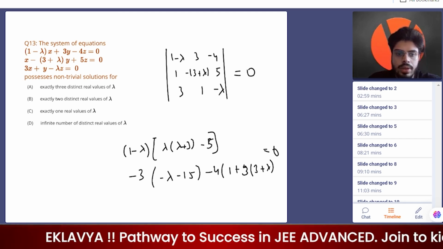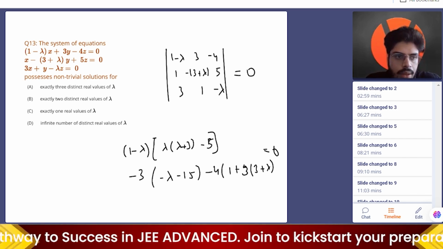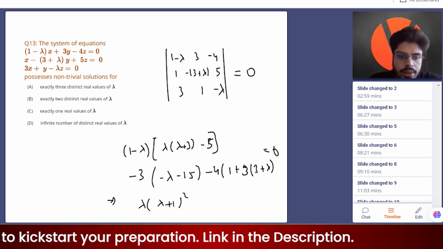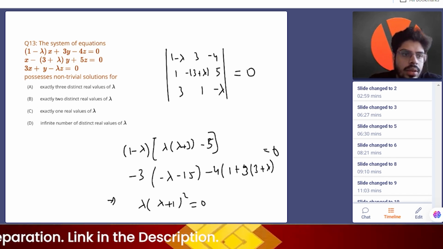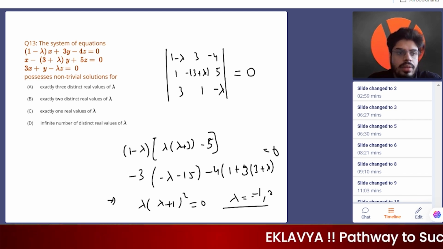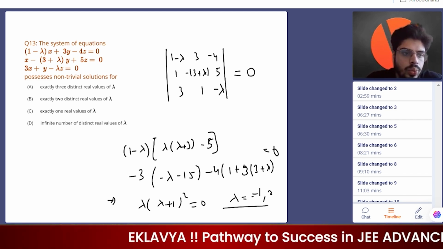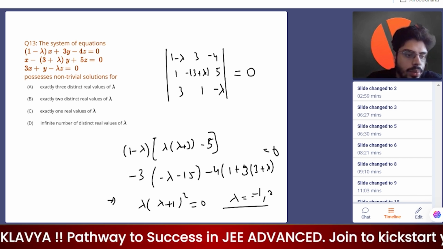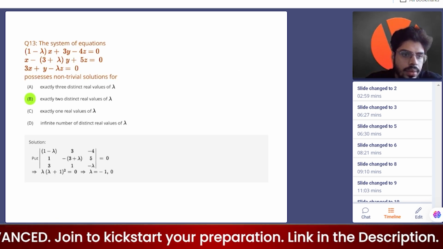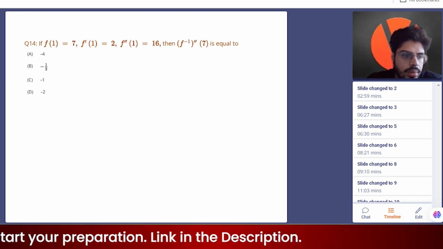This will be equal to 0. So the equation that I am getting here will be lambda into lambda plus 1 whole square equal to 0. So lambda will be minus 1 and 0. So how many values? Exactly 2 values. So our option will be B.